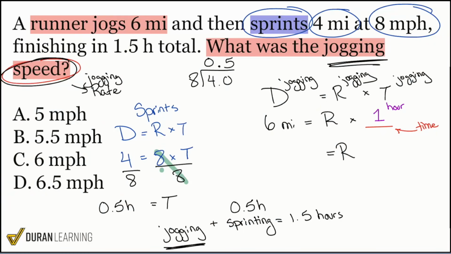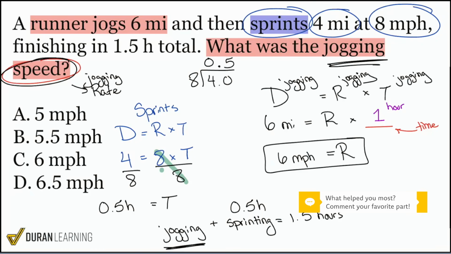Anything times 1 is going to be itself. So we have 6 miles divided by 1 hour, which is 6 miles per hour. That is the rate at which this runner was jogging. And that'll be answer choice C.